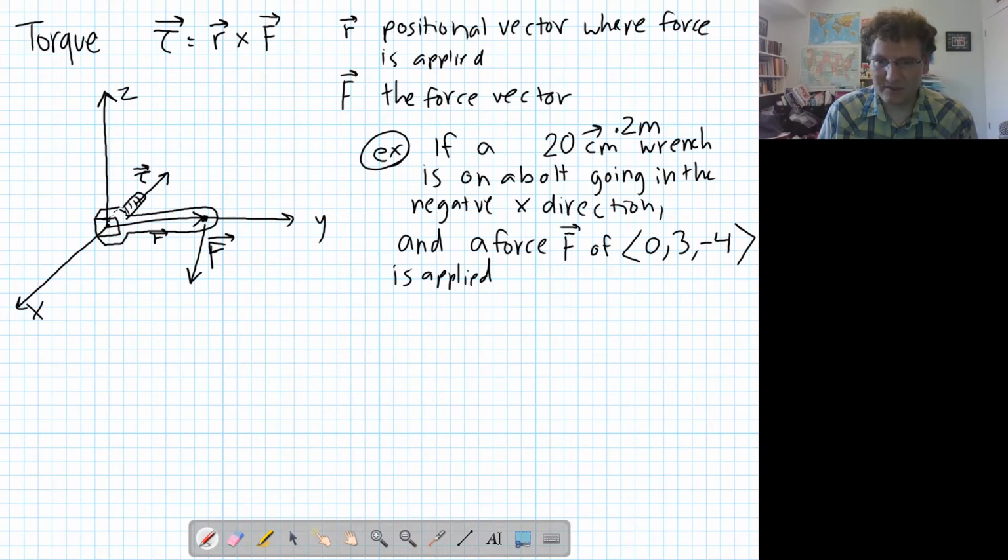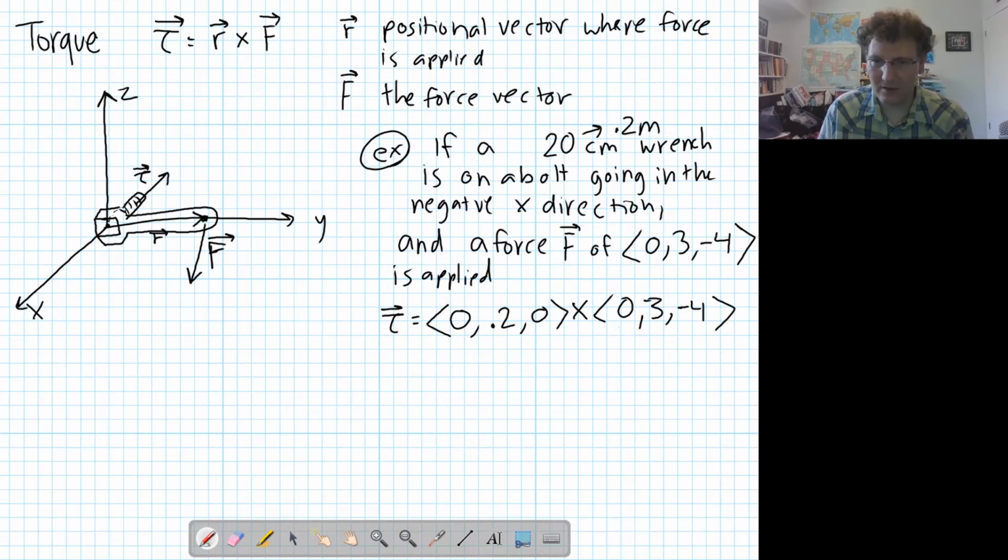So this is the amount of force that's applied. Let's calculate the torque. The position vector is actually 0, 0.2, 0. That's 0.2 meters in the y direction, but we're going to cross that with this 0, 3, minus 4 force vector.